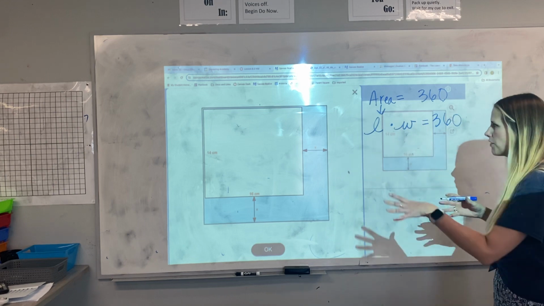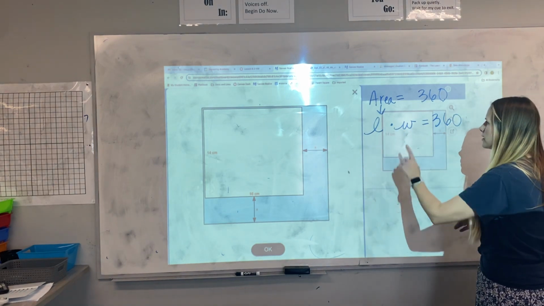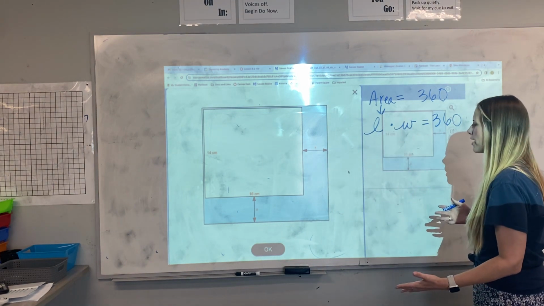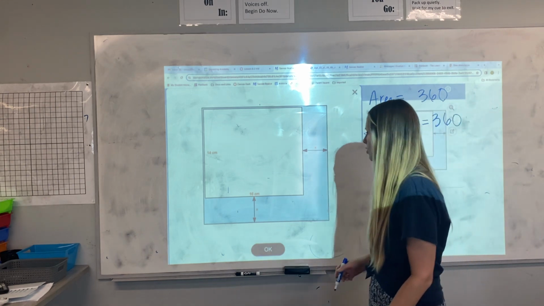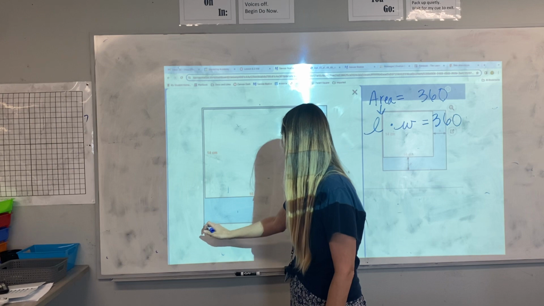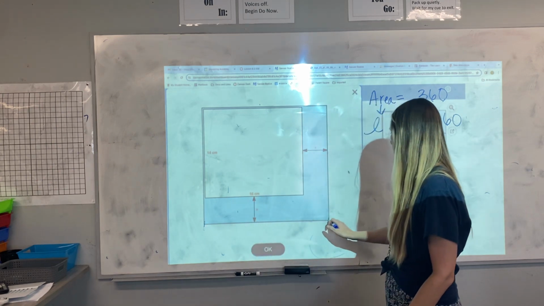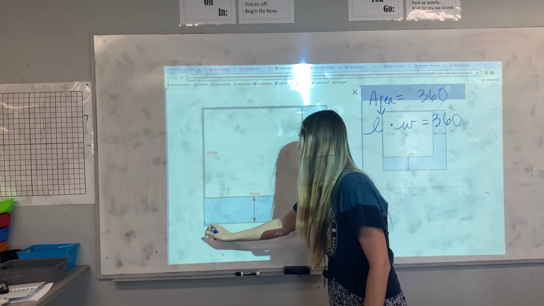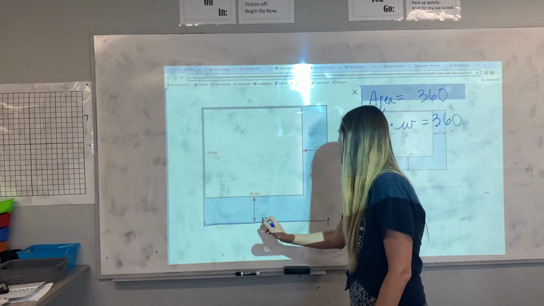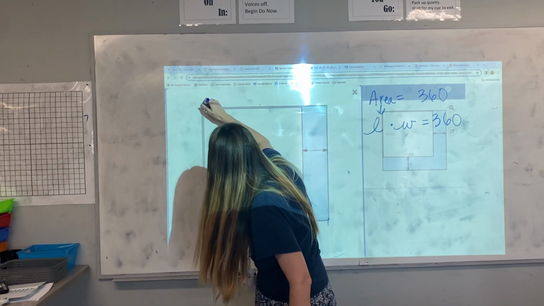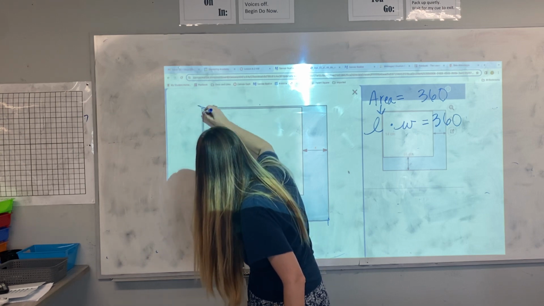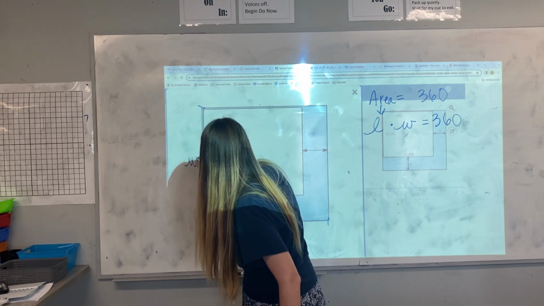So the length of this entire rectangle times the width of the entire rectangle will equal 360 centimeters squared. So let's call this the length right here, from here to here, and then from here to here, we'll call this the width.